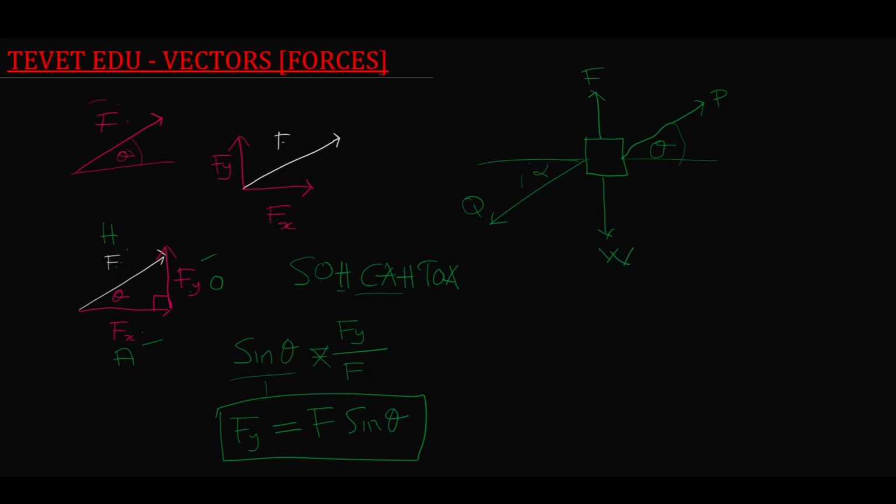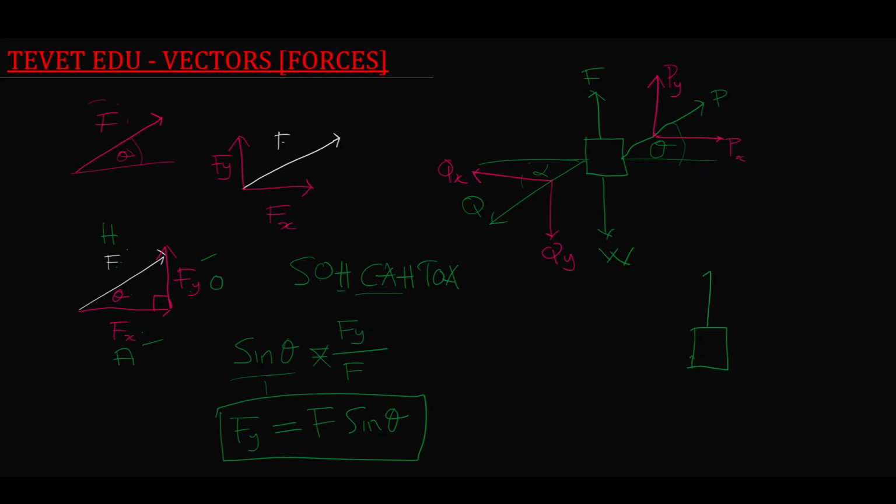Here we have a component in that direction, which is a component of P, we can call it Px, and a component in that direction, which is Py. Even here we have a component in that direction, which is Qy, and a component in that direction, which is Qx. So this body can be redrawn like this, the same body, drawing the forces that are acting.